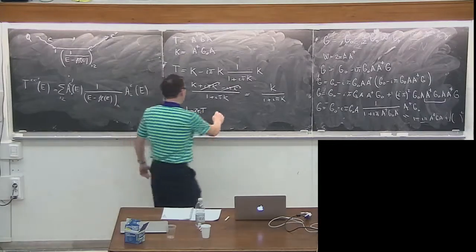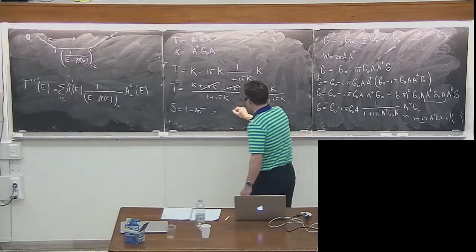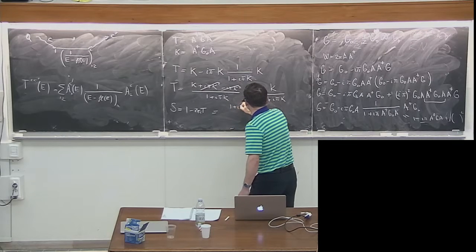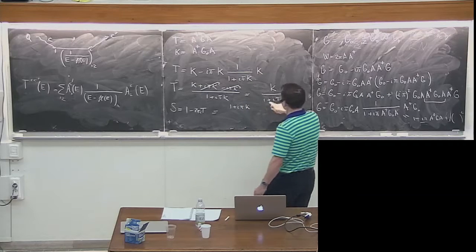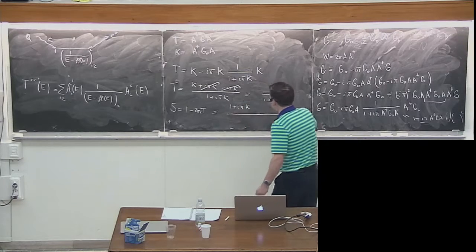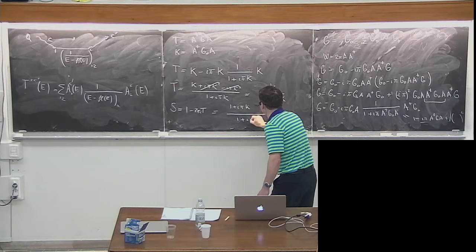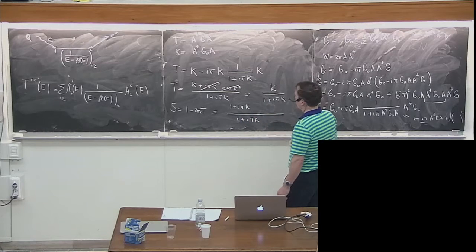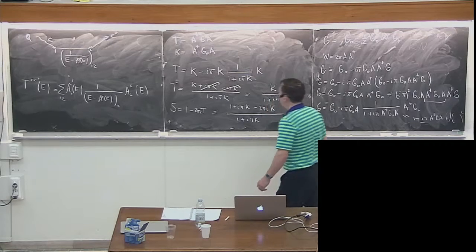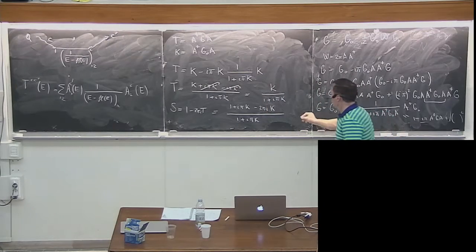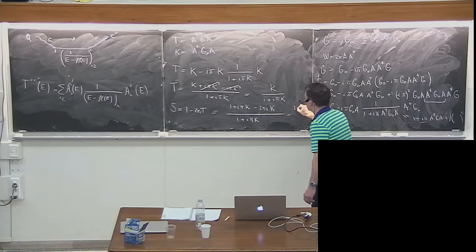So when I put this in, I will have 1 plus I pi K, bringing it on the common denominator, divided by 1 plus I pi K, and then minus 2 pi I K. So what I will get here is that this is 1 minus I pi K divided by 1 plus I pi K.